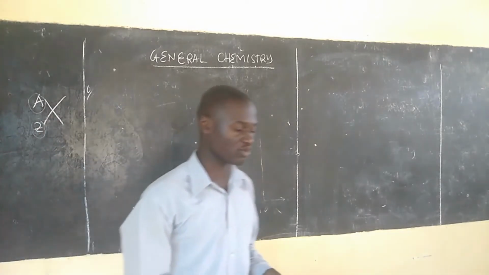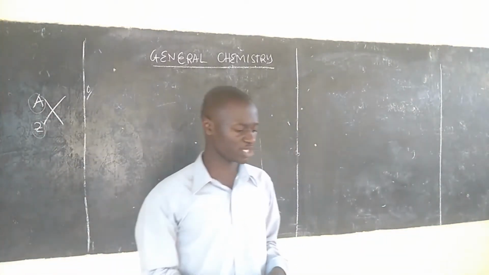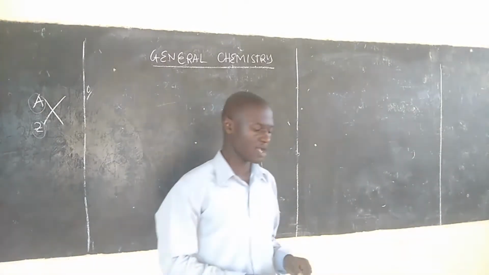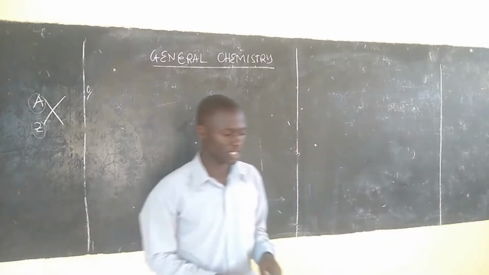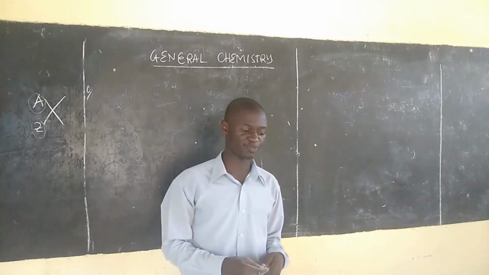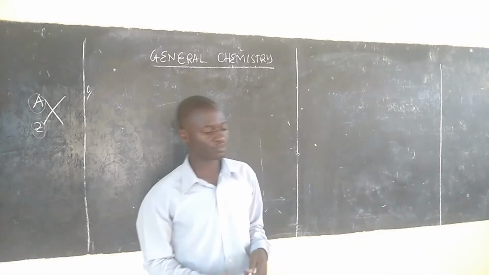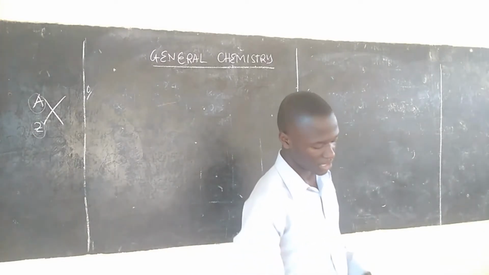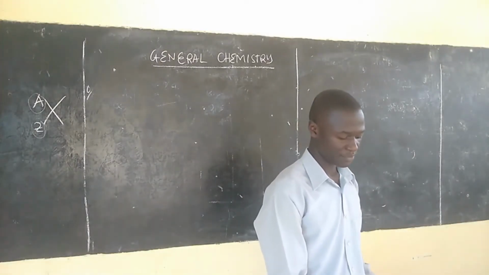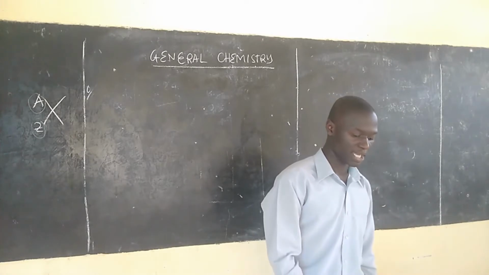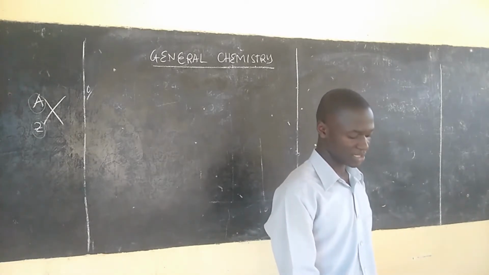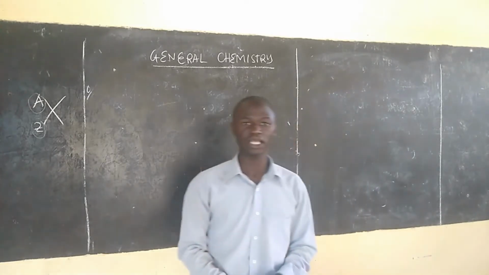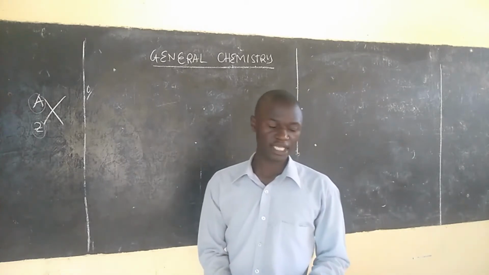Now what we are saying ni kwamba determination of atomic mass and isotope abundance by using mass spectrometer is known as mass spectrometry. So mass spectrometry is the technique, or sometimes they call it spectroscopy.